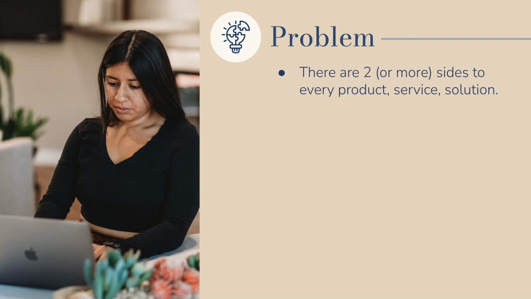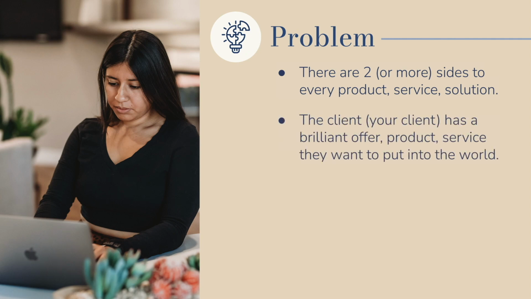Let's jump into it. So when a client has a product, a service, a solution, whatever they want to be talking about in their copy, you need to understand that there are two or more, but at least two sides to every product and service and solution.